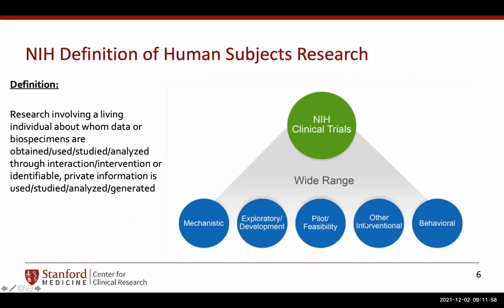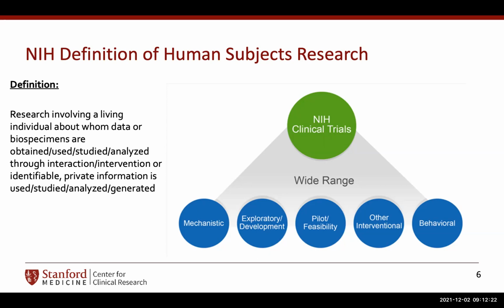The NIH also has its definition. The National Institutes of Health defines human subjects research as research involving a living individual about whom data or biospecimens are obtained, used, studied, or analyzed through interaction or intervention, or identifiable private information is used, studied, analyzed, or generated. It's a wide range of types of research.